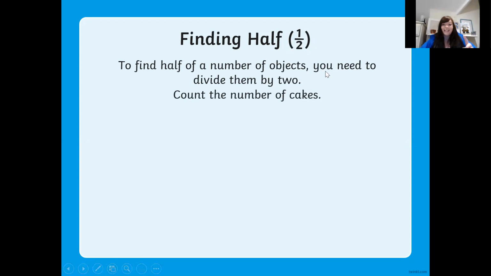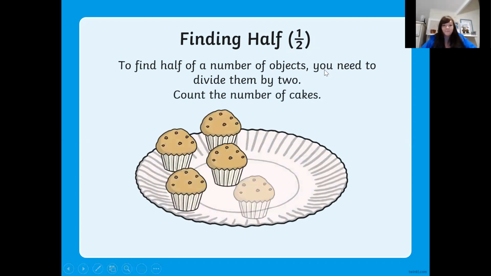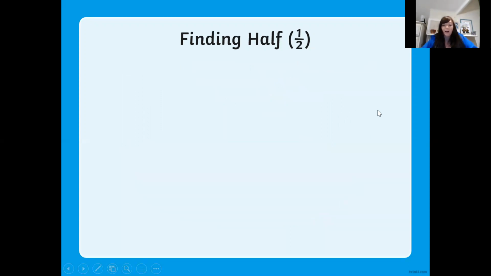So first, you need to count the number of cakes. So there's 1, 2, 3, 4, 5, 6, 7, 8 cakes. To find half of the number of cakes, to find half of 8, you are dividing it by 2.